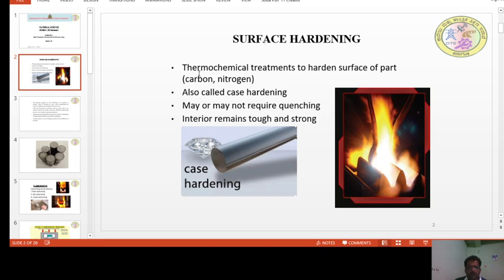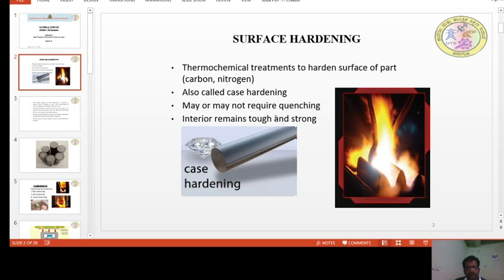It is a thermochemical treatment to harden the surface of the parts, either by introducing carbon or nitrogen, also called case hardening, and it may or may not require quenching. After the surface is heated above austenite, sometimes we may require quenching and sometimes we will subject it to natural cooling.